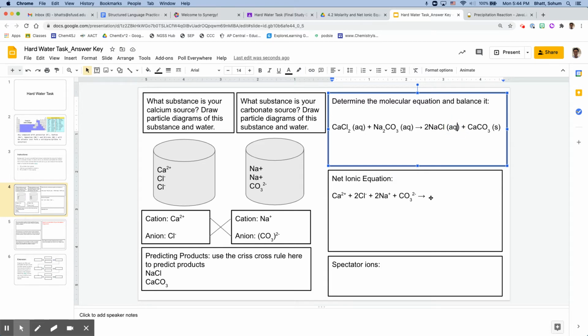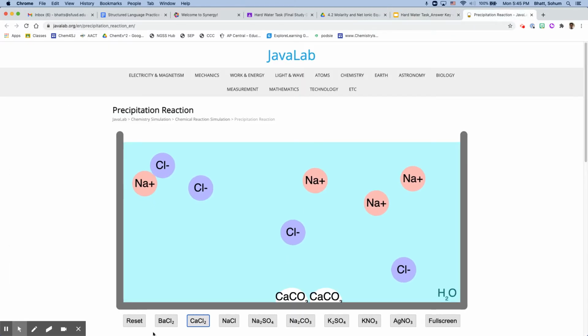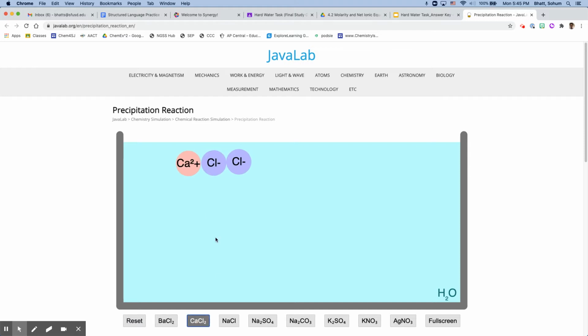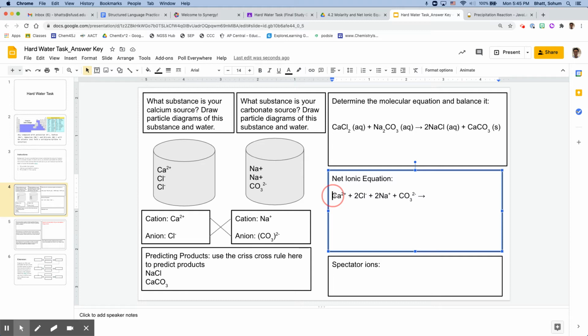And so now, when I go to figure out my net ionic equation, I start splitting things apart. So this calcium chloride, if I reset, breaks up into 1 calcium and 2 chlorine, which is what I've shown right over here, 1 calcium and 2 chlorine, right? A lot of students do Cl2 minus, and that actually doesn't capture the picture.